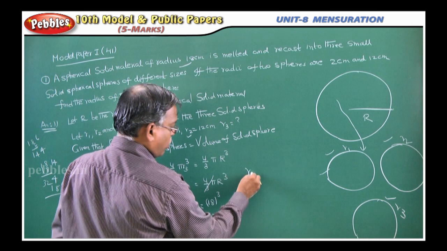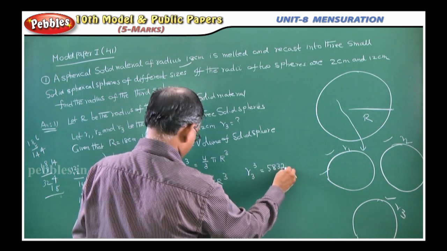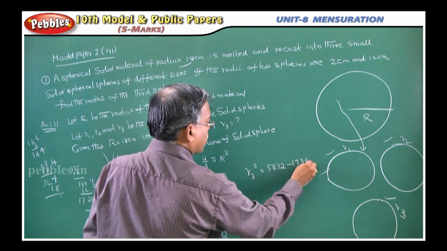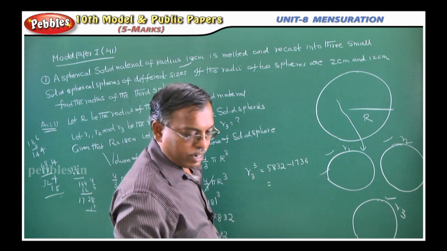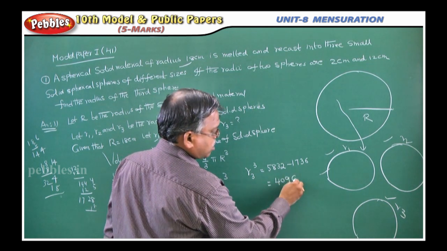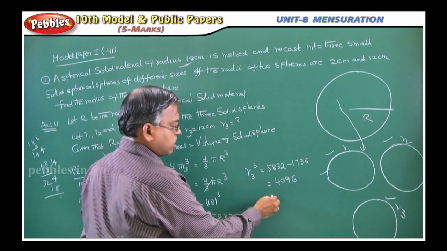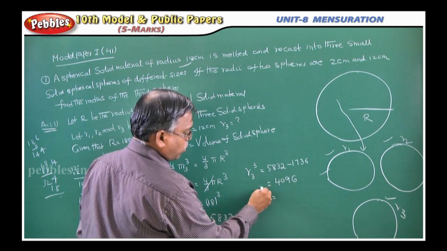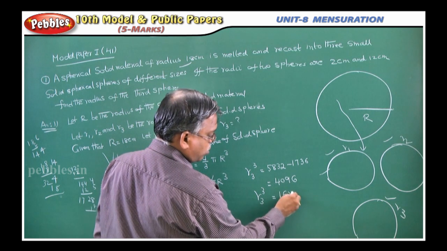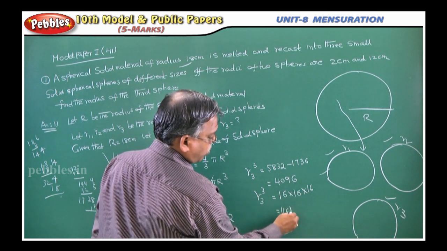Now r3 cube is equal to 5832 minus 1736. If you subtract this one, you are going to get 4096. Now this 4096 I can write as 16 the whole cube, that means 16 into 16 into 16.